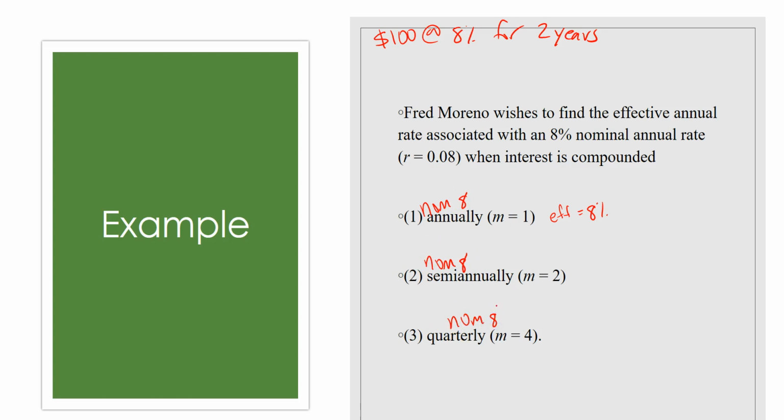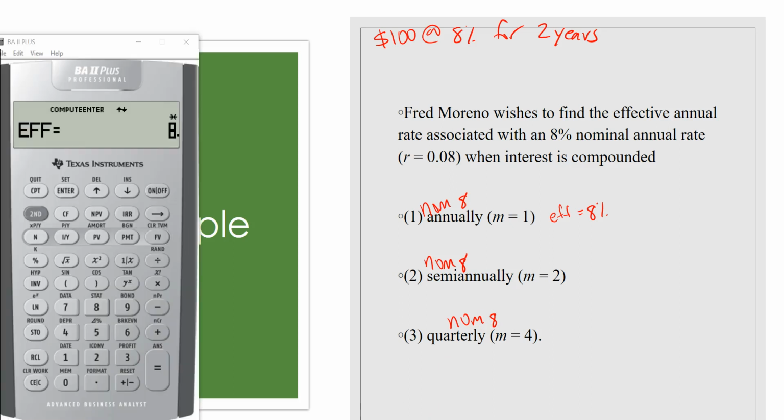So now let's see what happens if our compounding frequency is semi-annual. There are two semi-annual periods per year, so let me show you how to get into the I conversion again in case you forget. Second I conversion, we enter in our nominal rate, 8%. We enter it as a whole number interest rate. We push enter to save it, scroll up, compounding periods per year, that is our M, it is 2 because there are two 6-month periods in 1 year.